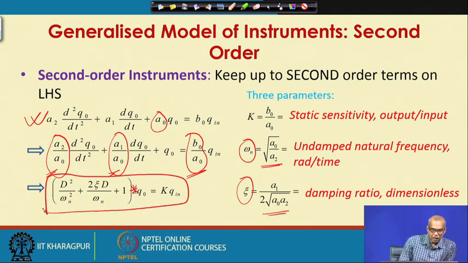Here again I have introduced capital D as d dt. So, in this equation we have three parameters, k, which is sensitivity, natural frequency, which is this, and zeta, which is the damping ratio.